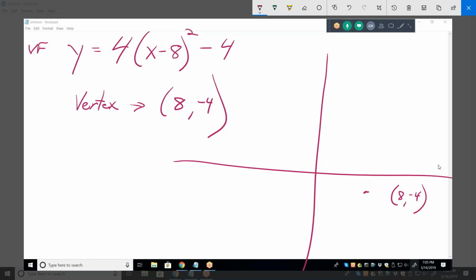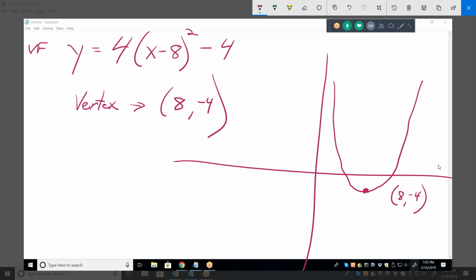Should it open up or down? Up. I'm just going to approximate it because I don't know what these points are. What's the easiest way to get two additional points? I'll let you tell me. You usually have two choices.